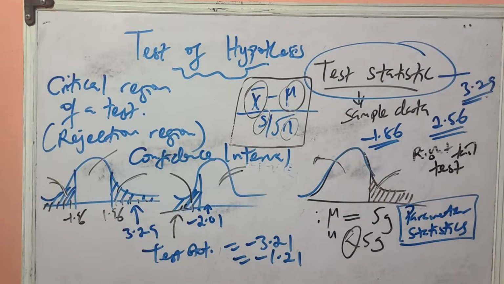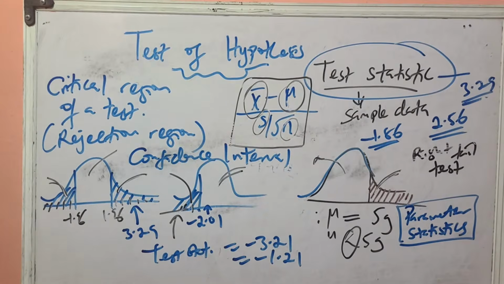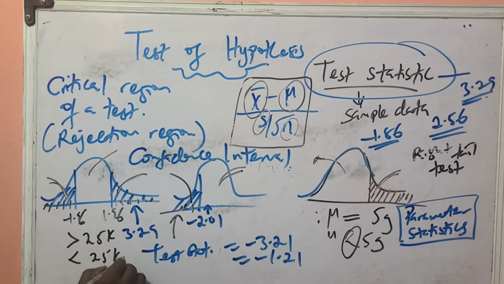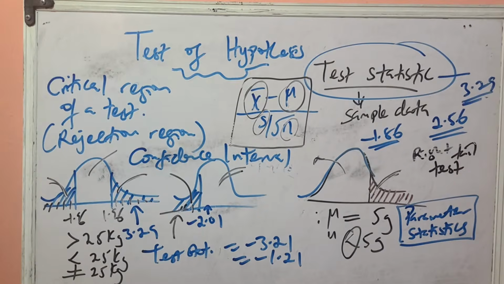I also went on to say another instance where we just were silent. We did not know if it was less than or greater than. In that case, we said we don't know if it's greater than 25 kg. We just know it's not equal to 25 kg. So these are the different possibilities for your research hypothesis.